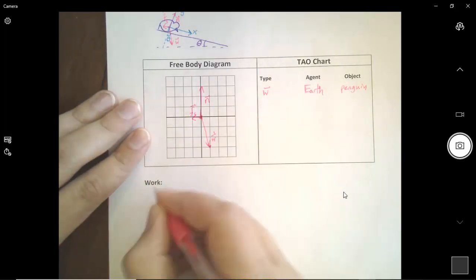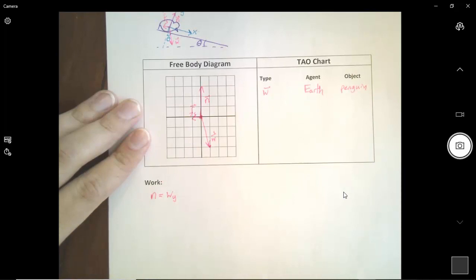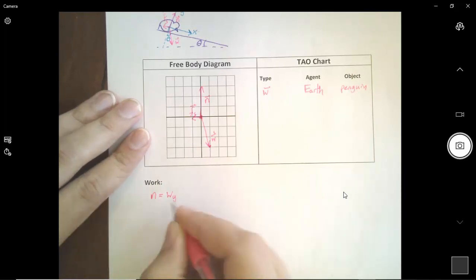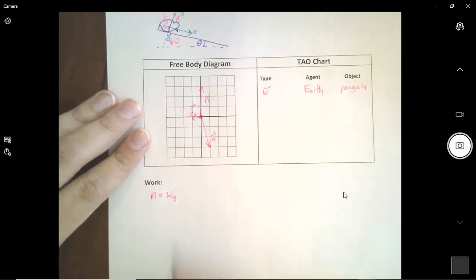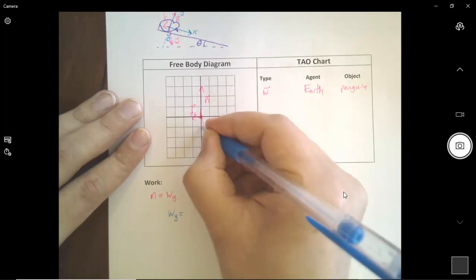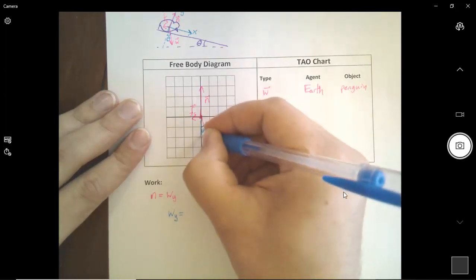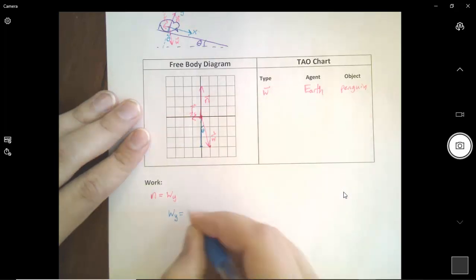Our first equation is that the normal force has to equal the y component of weight. From our other video, we know that Wy is equal to, here is our angle theta, this is the y part, so this is W cosine theta.